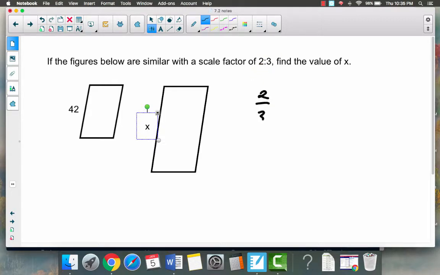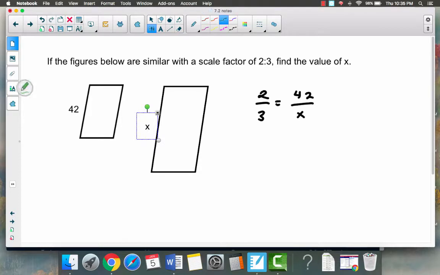So 2 over 3 has to be the same as the ratio of these two side lengths. That means the smaller one is on the top, and the bottom one is the larger one, which we don't know. So now we have set up a proportion, and this allows us to go ahead and solve.